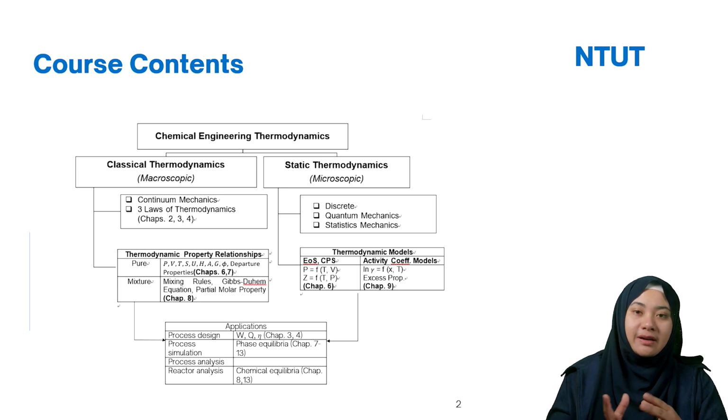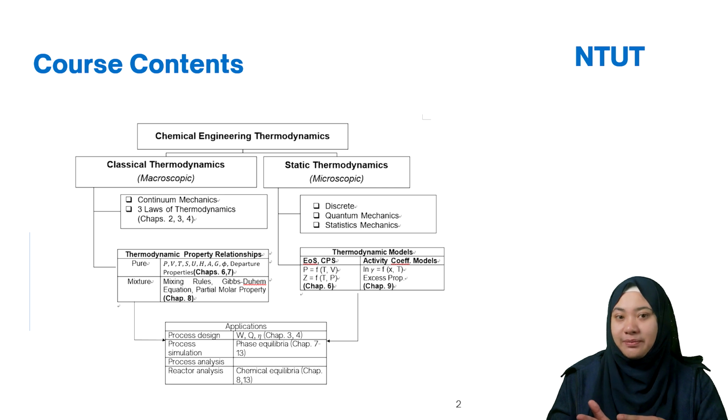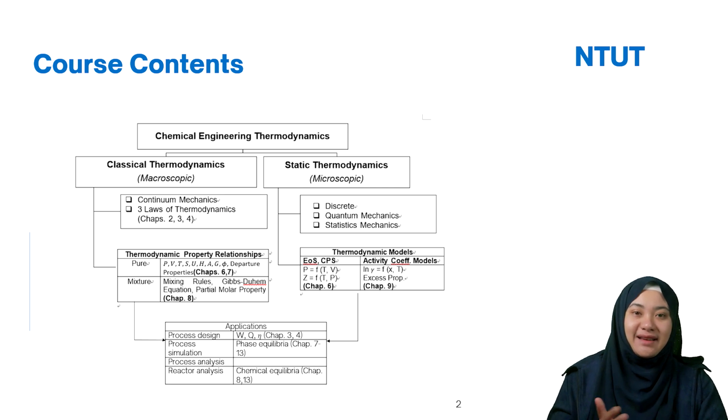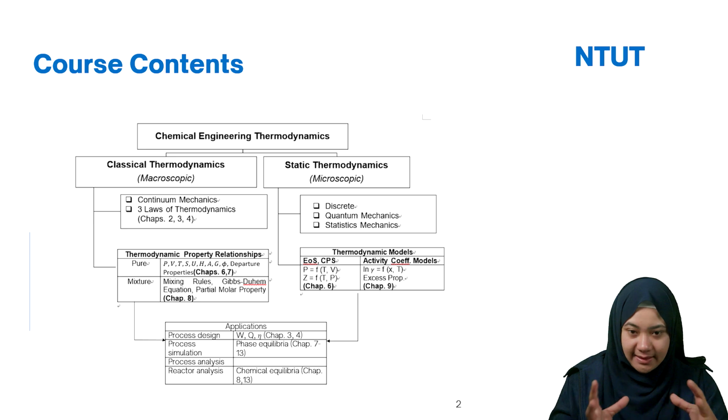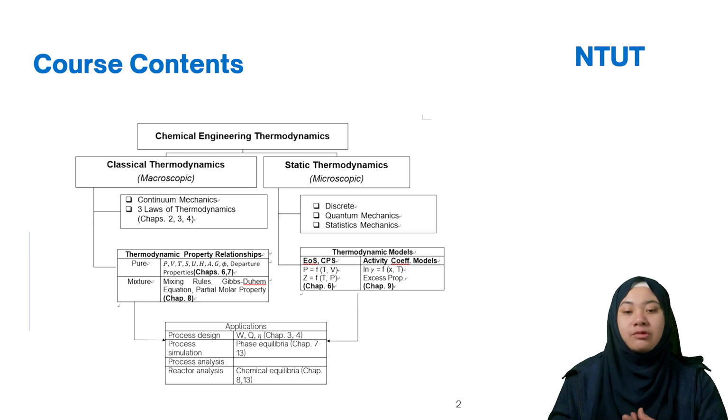If you ever learned probability in senior high school, like if you play some kind of chess with white and black, how many times you will get the white color or the black color. This is what statistical thermodynamics discusses.